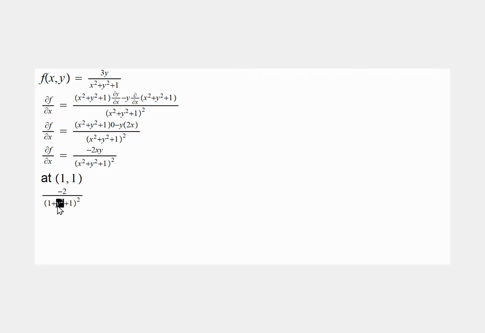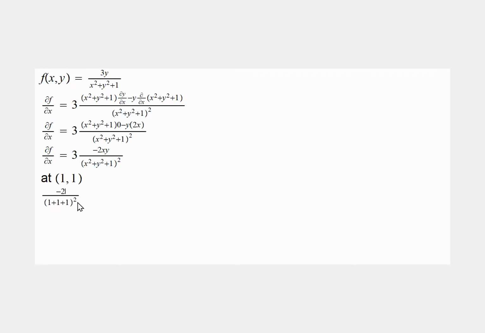I just made a mistake somewhere. Of course, I realized my mistake, that I forgot this 3 here. We can just put 3 right in front, being a constant. So that would be negative 6. So negative 6 over 9 would be negative 2/3, exactly what we had by using the definition from scratch.